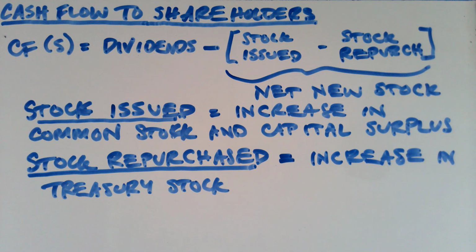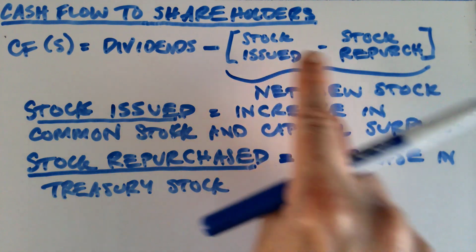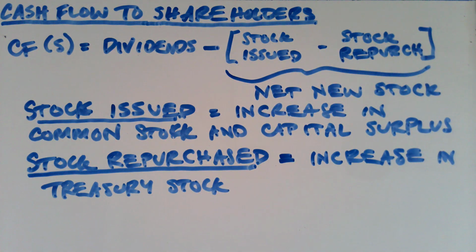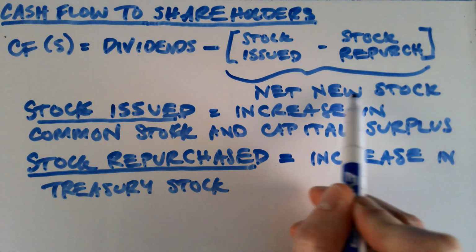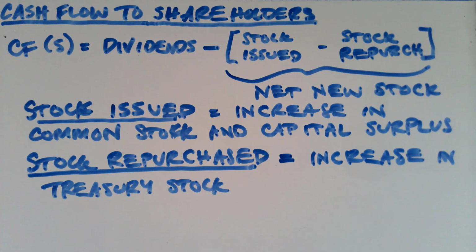Whenever the firm repurchases stock, the amount of money they spend to repurchase the stock winds up in the treasury stock account. And so by simply looking at the increase in that account, we can find out how much stock was repurchased. When we look at how much stock was issued and subtract out the amount that was repurchased, that gives us the net new stock that was outstanding as a result of these two activities during the period.